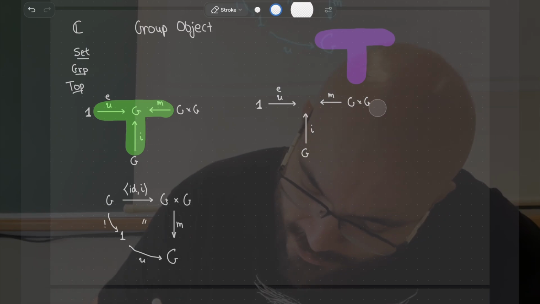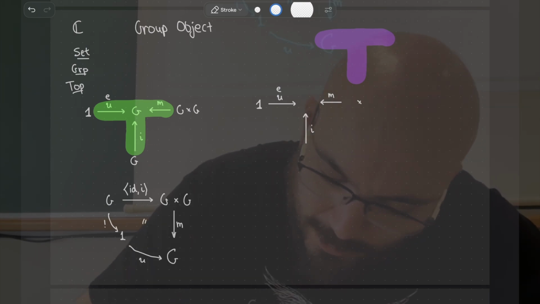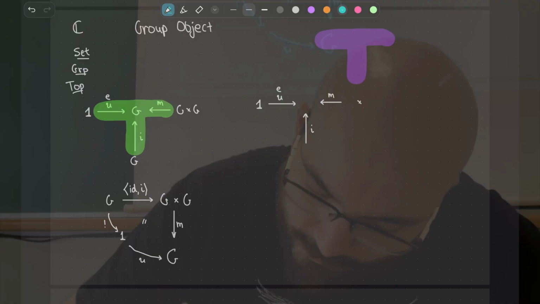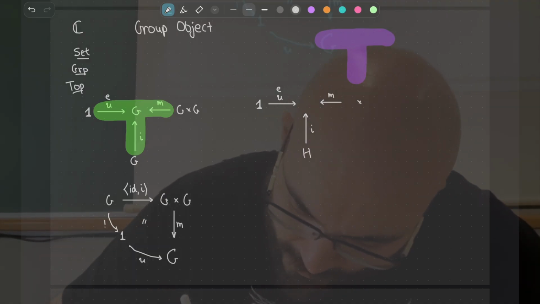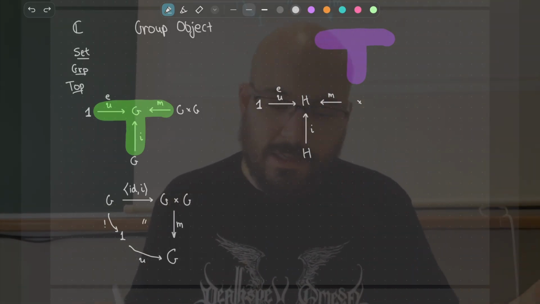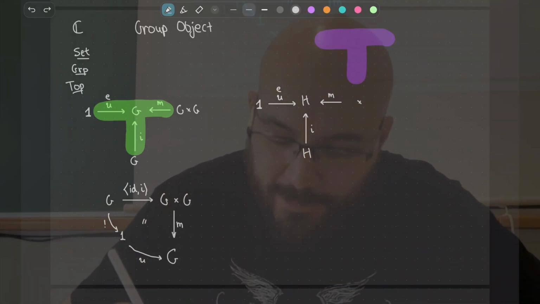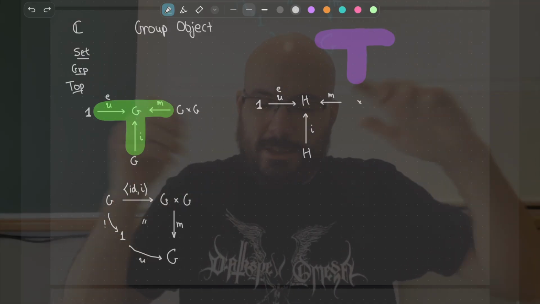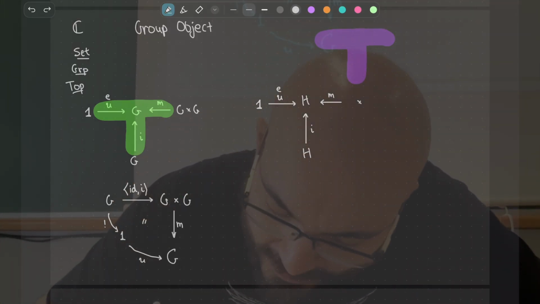First of all, this probably is not called G. Let's call it H. Notice that 1 here does not change, because 1 is the terminal object of my category. If I don't have 1 over there, I don't have a candidate for a group object. I don't have a group object, okay?